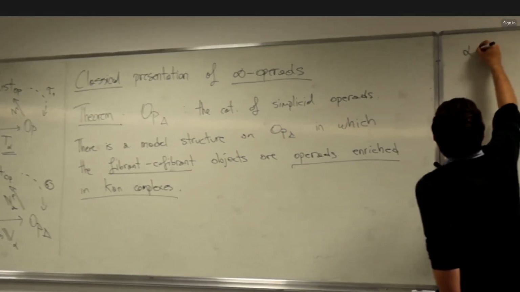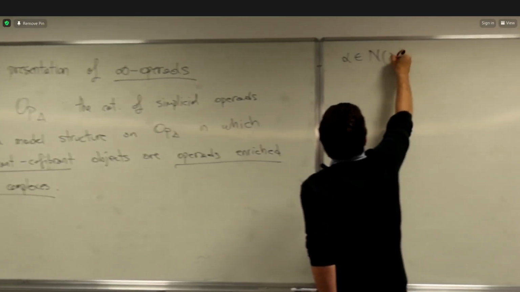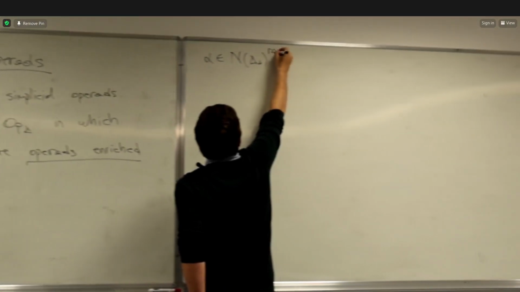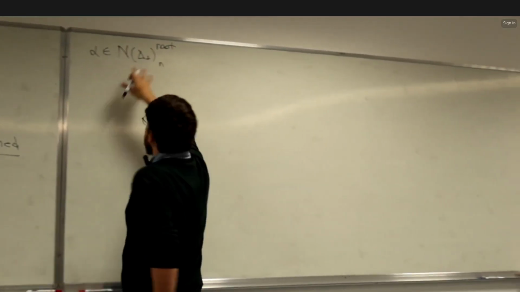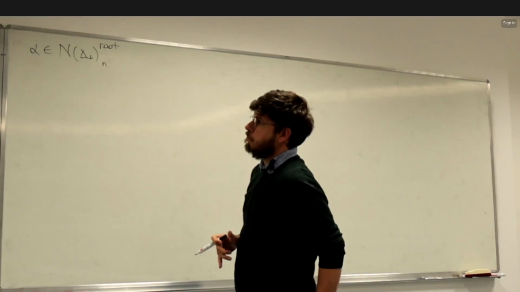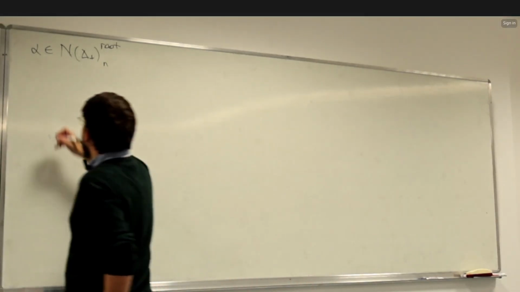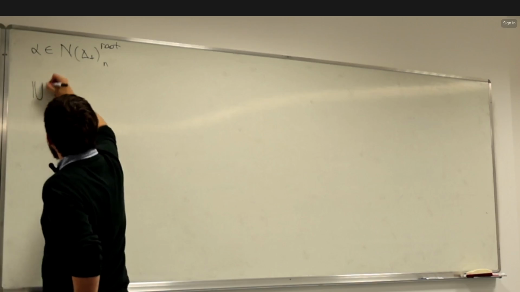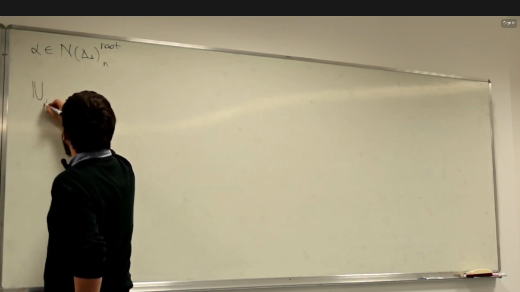Let alpha be a level tree shape, recorded as a rooted simplex in the category of finite ordinals. I will define a set, U alpha.